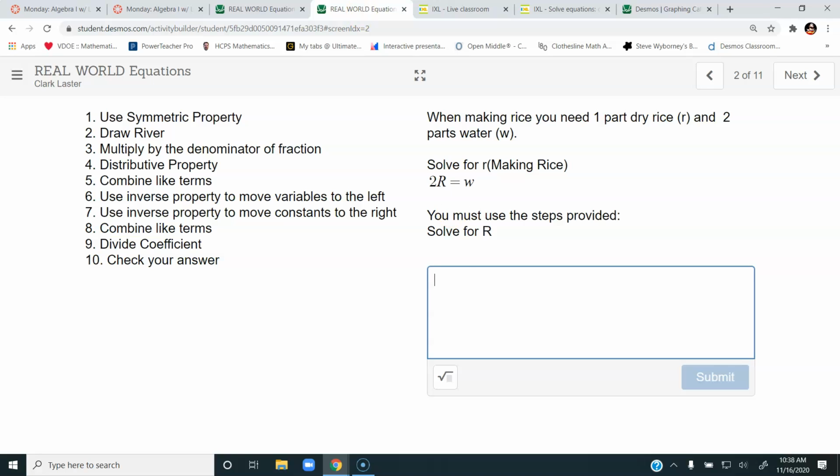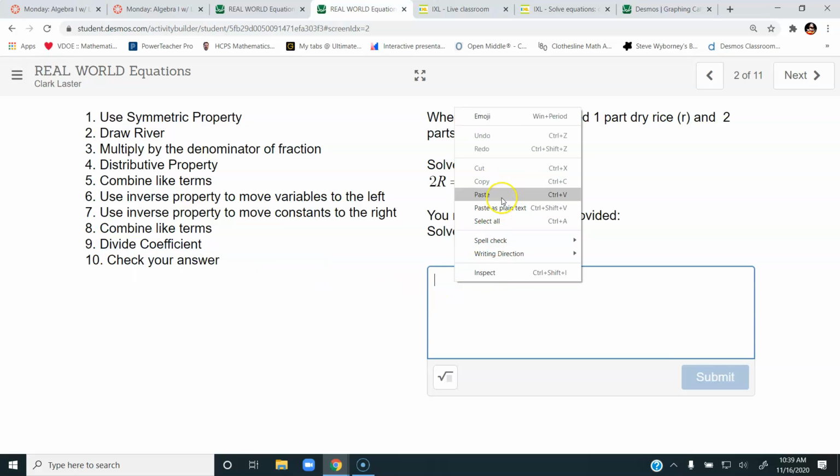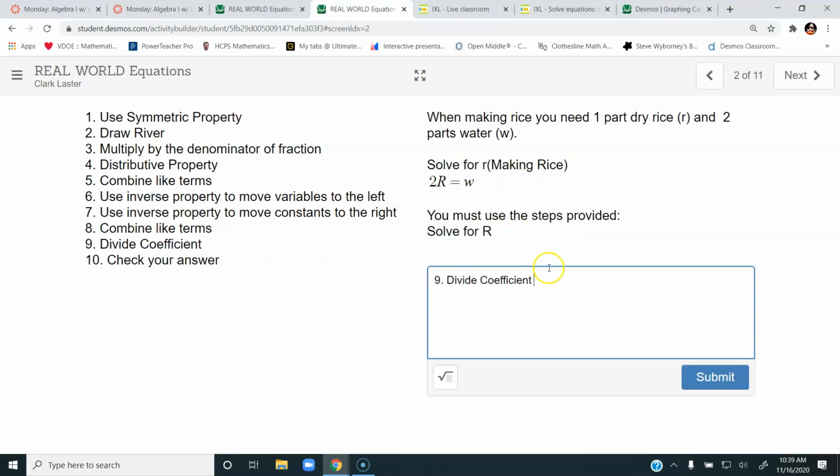So it's very important to me that you guys understand the why and what you're doing. So I want to get that 2 out of there, so I'm going to divide by the coefficient. That's really the only thing that I need to do. And then I'm going to hit enter. I'm going to hit this check mark right here, and I'm going to say 2r divided by 2 is equal to w, because the thing that I want on the left is a single r.